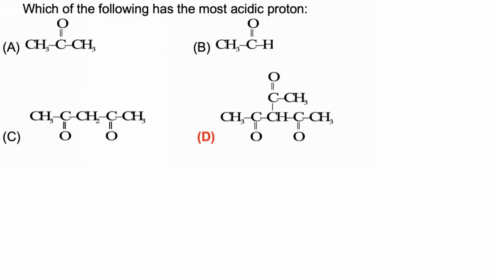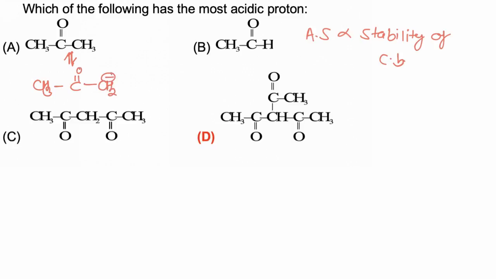In this question we have to find which of the following has the most acidic proton. Now the acidic strength of a proton depends on the stability of the conjugate base formed after removal of the H positive ion. Now in the first case, after removal of the H positive ion, CH3COCH2 negative ion is formed, which is stabilized by resonance of the carbonyl group. Now in the second case, CH3CHO, again CH2 negative CHO is formed, which is stabilized by one carbonyl group.